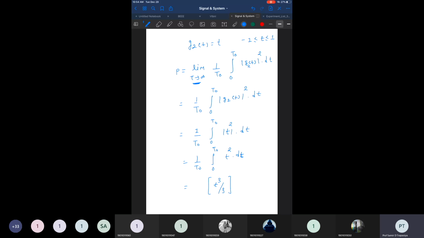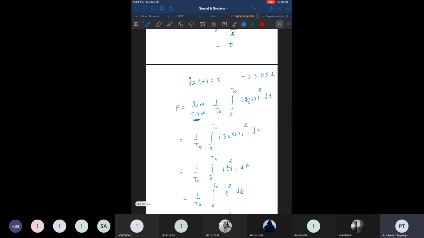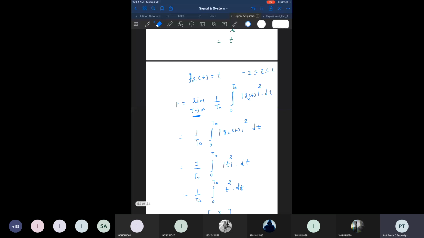I may just write here the limits minus 1 to 1. This is a good assumption. Either you can have 0 to t0, or you can start from any other limit. I put this limit, minus 1 to 1, and for every place I just use this limit minus 1 to 1.